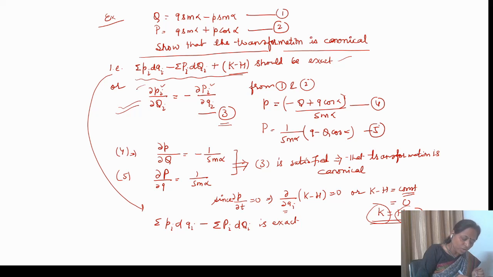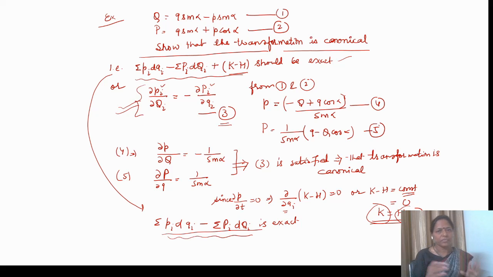So either you show this, it simply means this is exact, or you show this to be exact, one and the same thing. This is one way to show that your transformation equations are canonical and your new Hamiltonian is preserved.